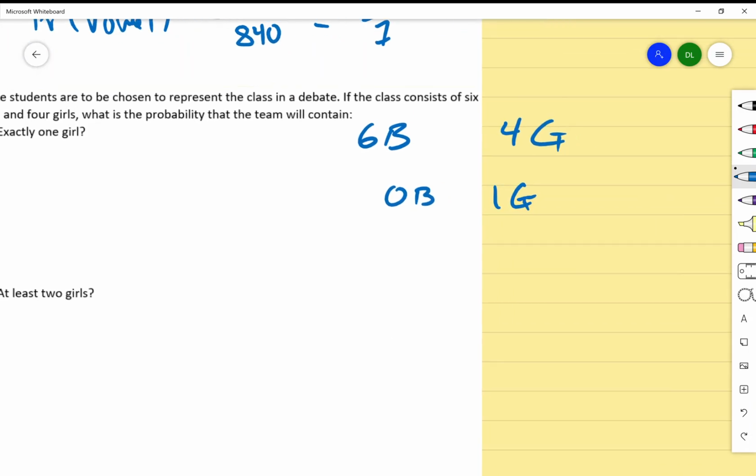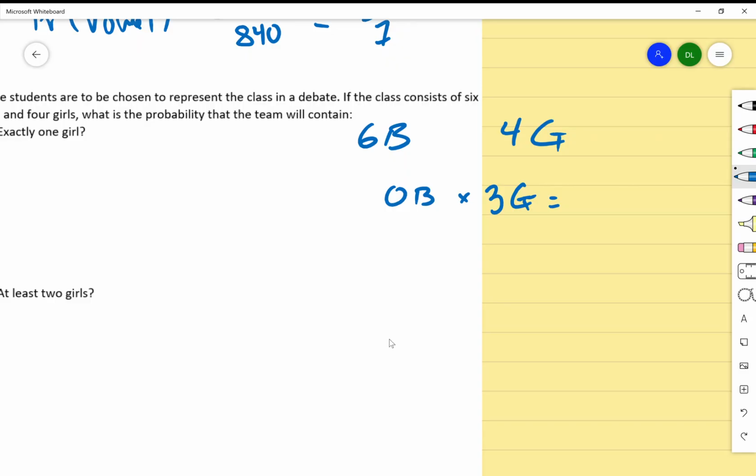So if it's 0 boys and 1 girl, well, how would we solve that? Well, we know it's "and", of course, so we use the multiplication principle. We multiply the values together. So to get 0 boys and 1 girl, so not 1 girl, my apologies, I mean 3 girls, because we're a total of 3 students.